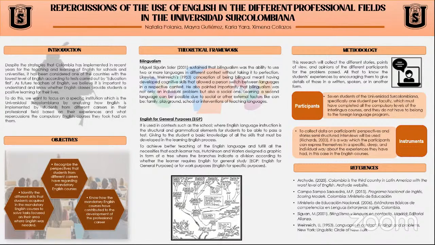The government creates different strategies to make learning and teaching English easier for children and adults. But some time ago, some institutions, for example Education First, conducted a test where Colombia is the third country with the lowest level of English.